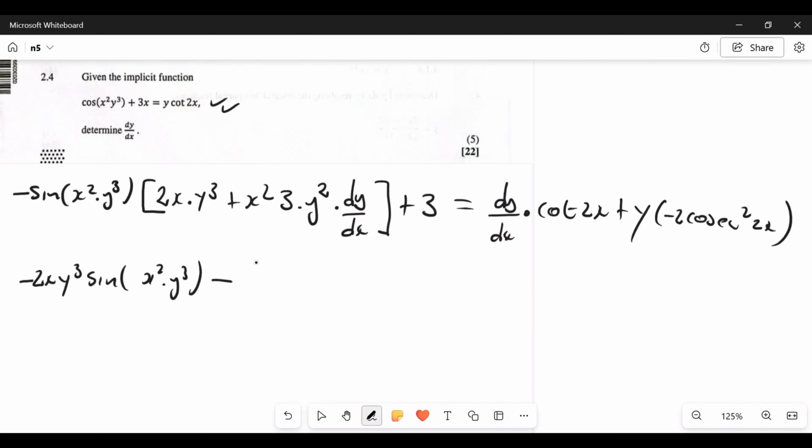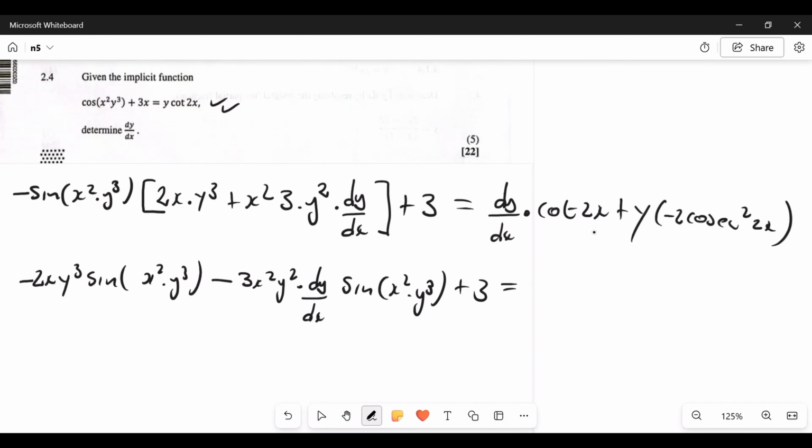Now the second term inside the bracket is going to be 3x squared y squared multiplied by dy over dx multiplied by sine x squared multiplied by y cubed. There we go, so we remove the bracket. Let's not forget plus 3, that 3 there. Right, equaling to.